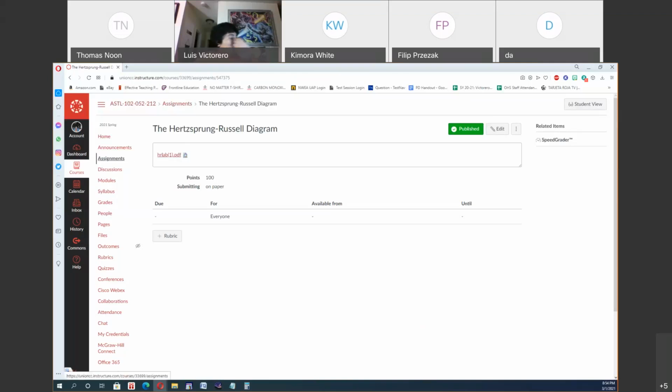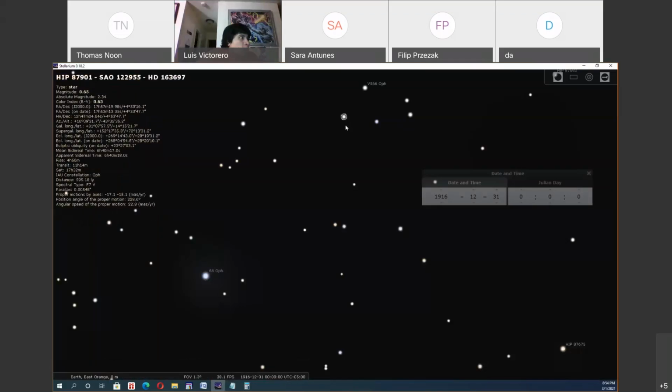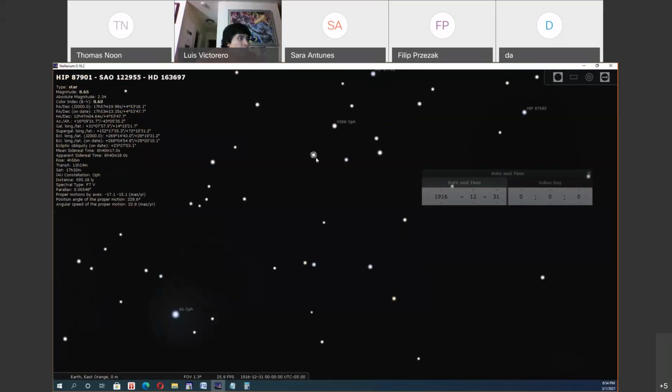Any questions about today's lab? Yeah, the stellar proper motion one. I'm having some problems. It's telling me to look up the star HIP 87901. Yep. And then I looked it up, but it's literally just pointing to the ground.